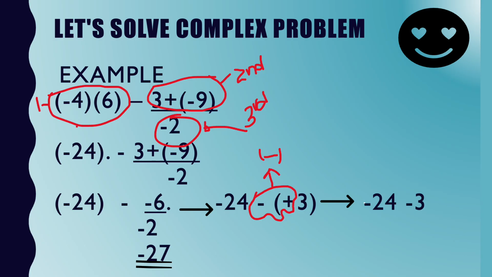If you feel confused about how we get minus 27, I recommend you go back to the number line and study that number line again.